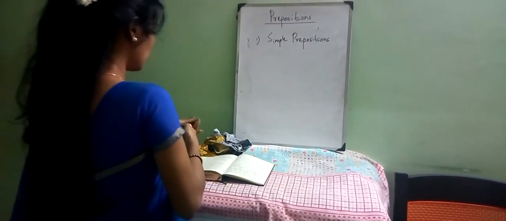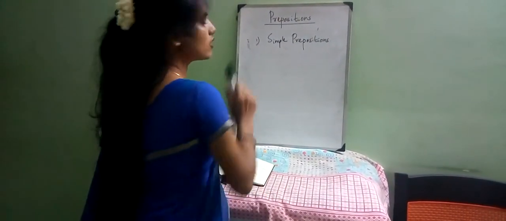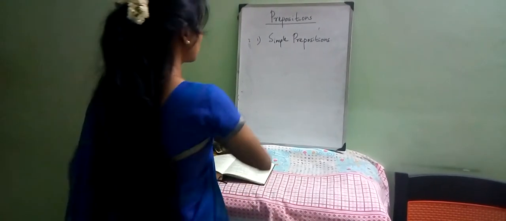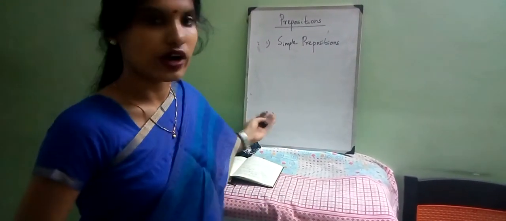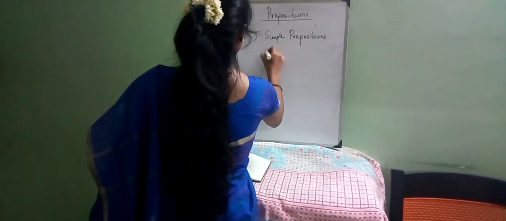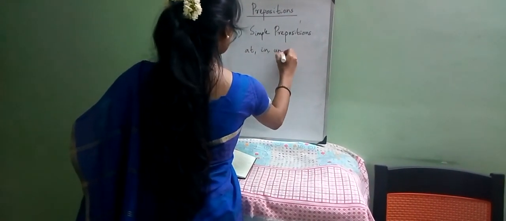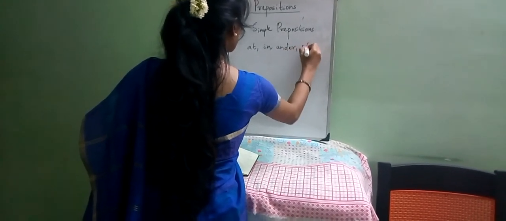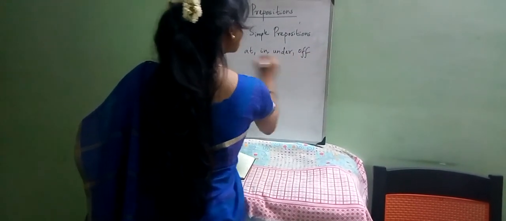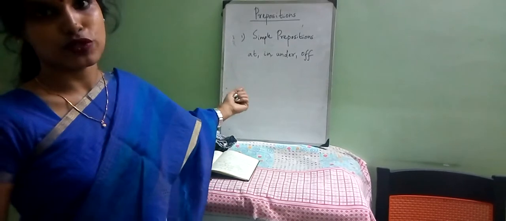Okay. So what are the simple prepositions? Simple prepositions, we saw the example so far, that is at, in, under, of. So all these are the examples of simple prepositions.